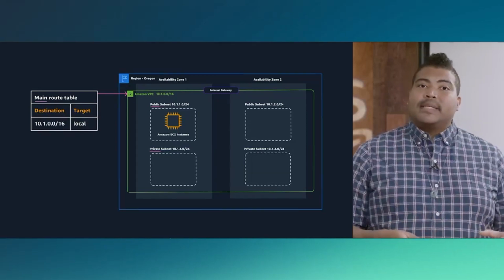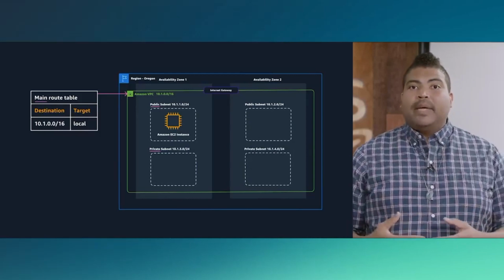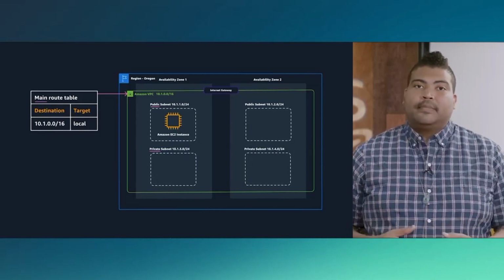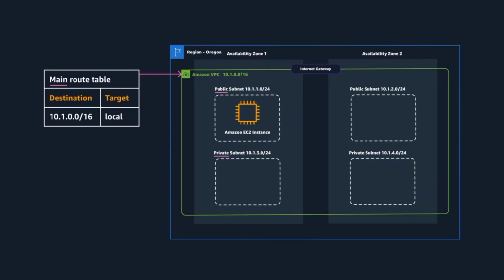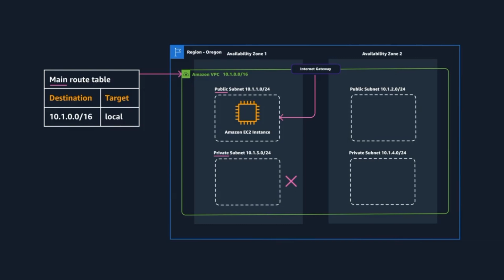Whether a subnet has access to the public internet or not depends on its associated route table. If a route from the internet gateway to the subnet exists, it has public access. If the route table doesn't have a route between the subnet and the internet gateway, then it doesn't have public access. So we call subnets public or private, but it's really the route table that provides that access.